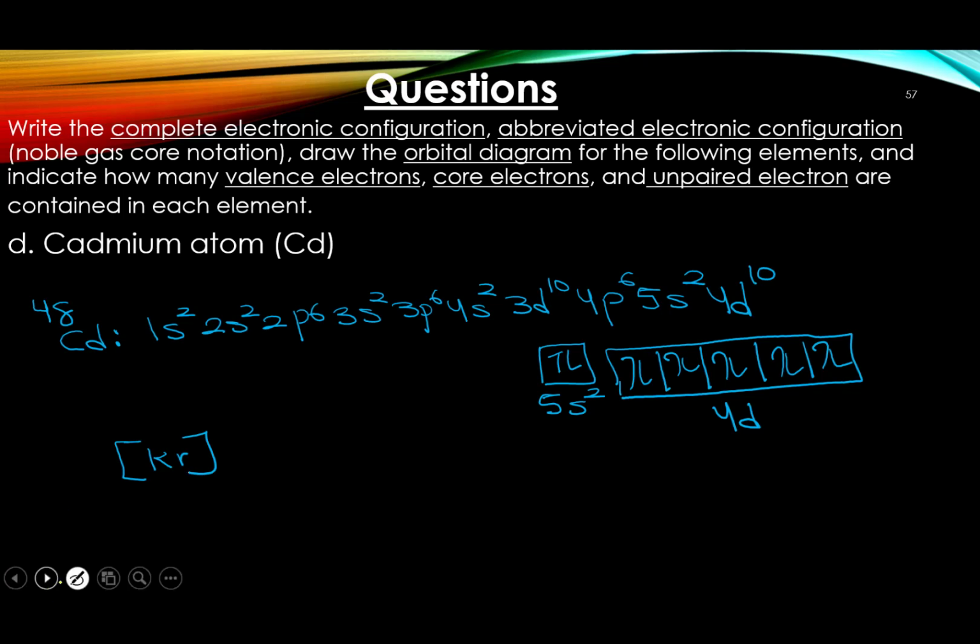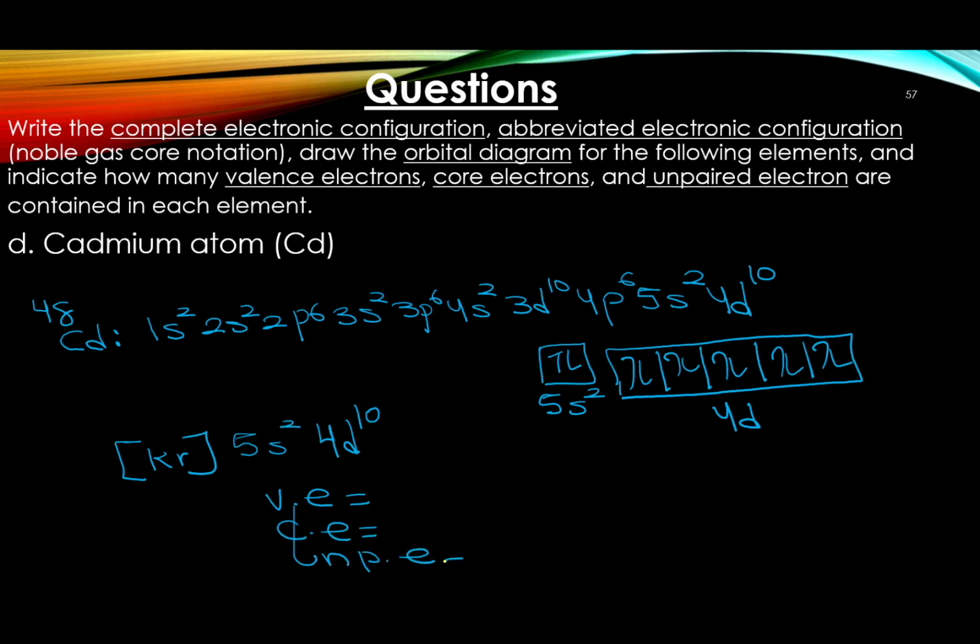Then up to here is for krypton, and the rest will be for cadmium. Okay, now let's write down the valence electron, core electron, and unpaired electron.